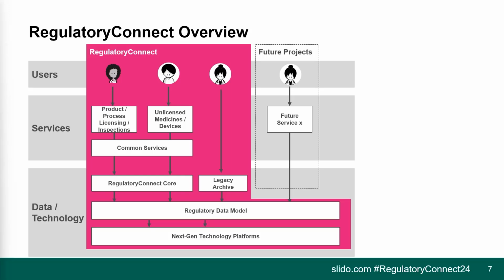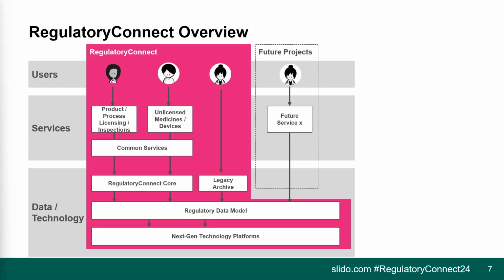Common services are a number of features that are used internally, not least the reference information for invoicing. A number of our services have a fee attached to them, so we're modernizing how those fees are attached to a procedure, which will make life, again, a lot more streamlined and a lot more efficient internally.